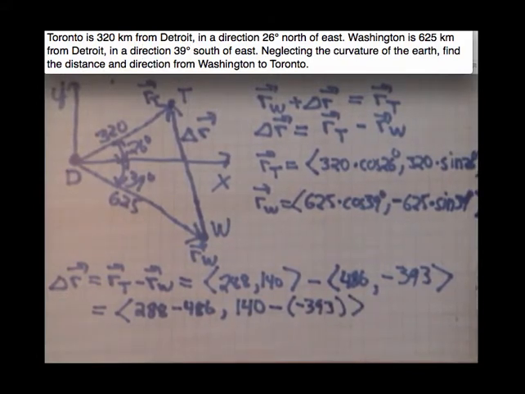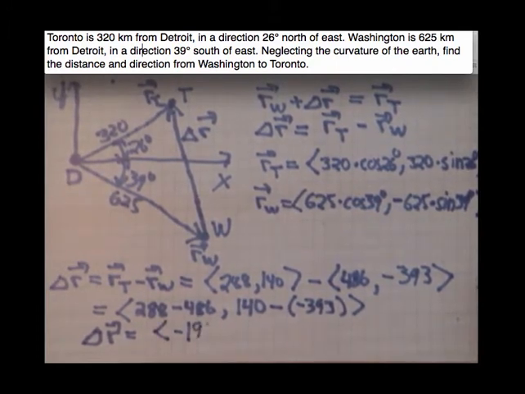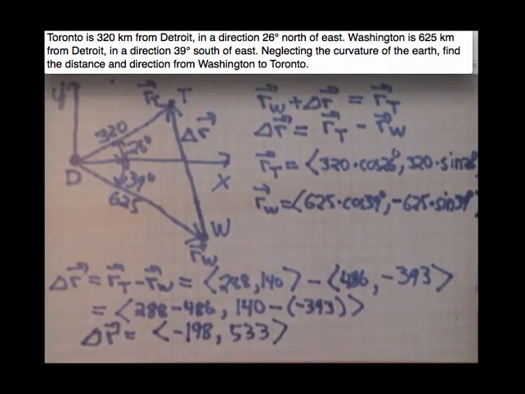So we conclude that the vector delta R, the displacement from Washington to Toronto, has a value of minus 198, 533 kilometers.